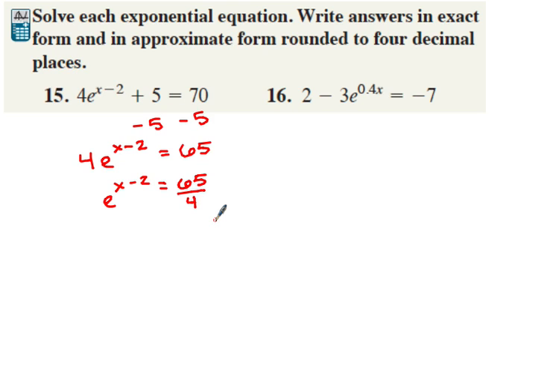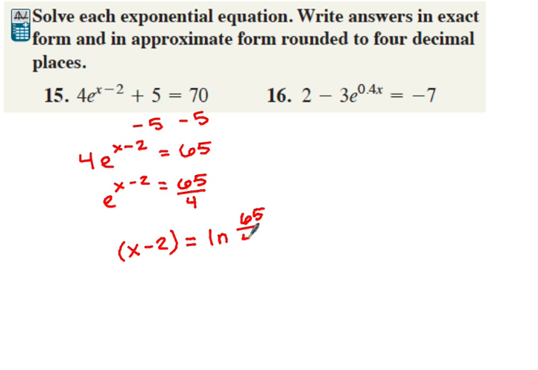Okay. So then, what do you think we should do? Good, let's do the inverse. What's my inverse? Ln. Natural log, because we had e this time. So we know that x minus 2 is going to equal natural log of 65/4.